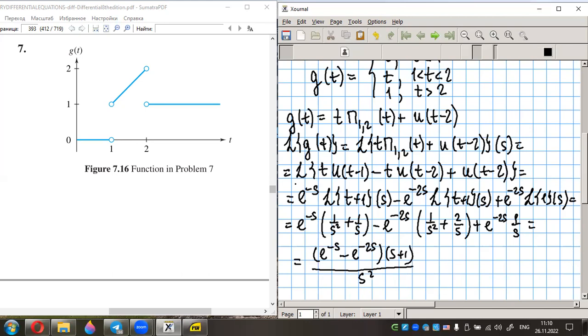From here to here. Yeah. Okay. Here we have another formula. Not here. E to the minus 2s. Here also should be t plus 2, I guess. And then in the third one, I didn't understand why it's a Laplace of 1.